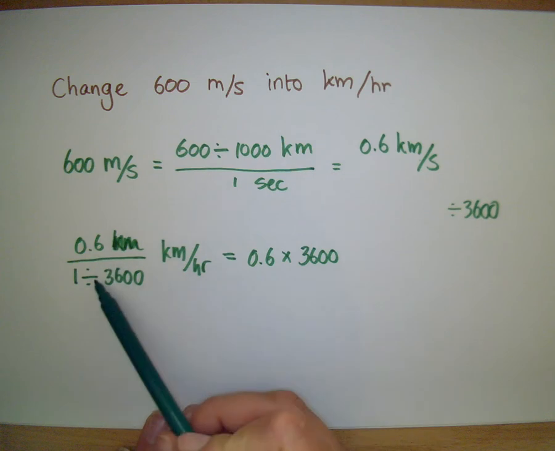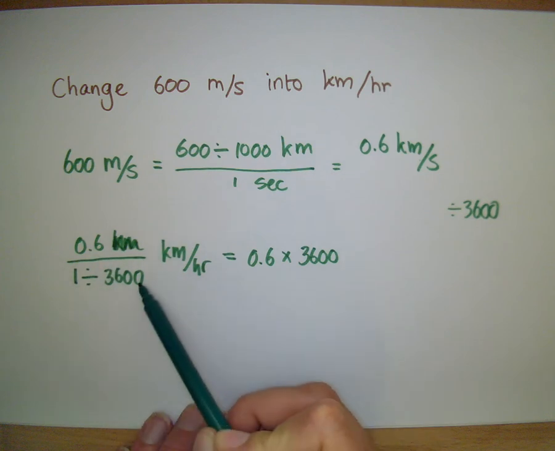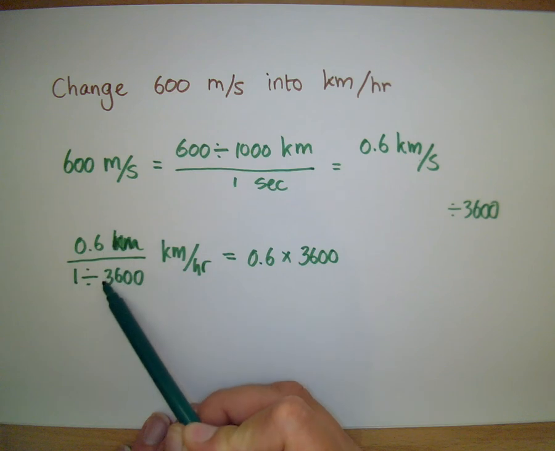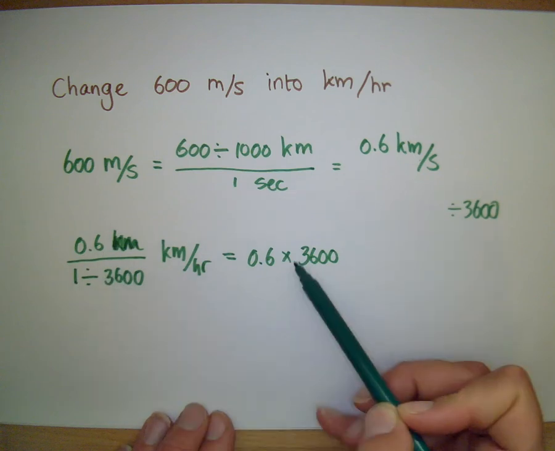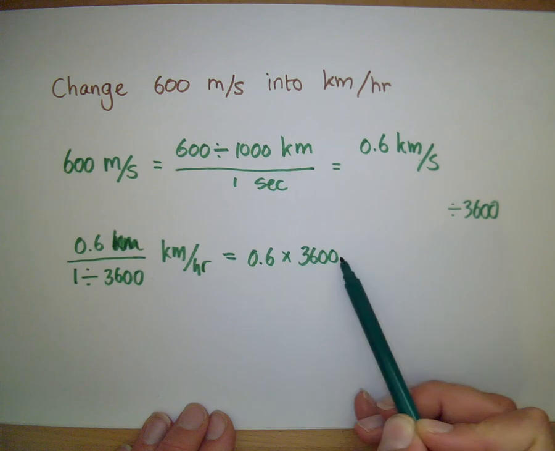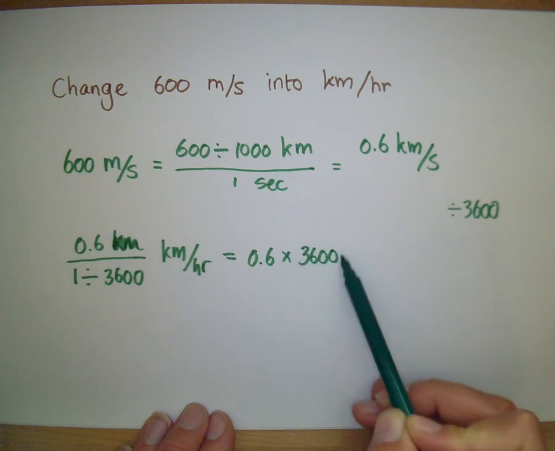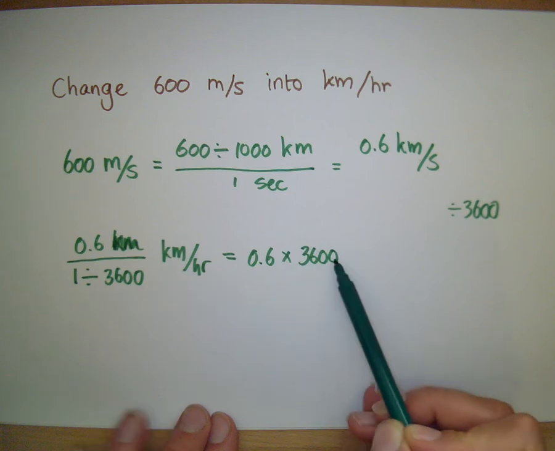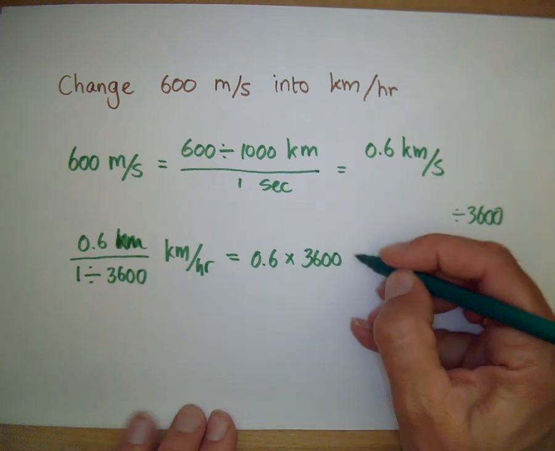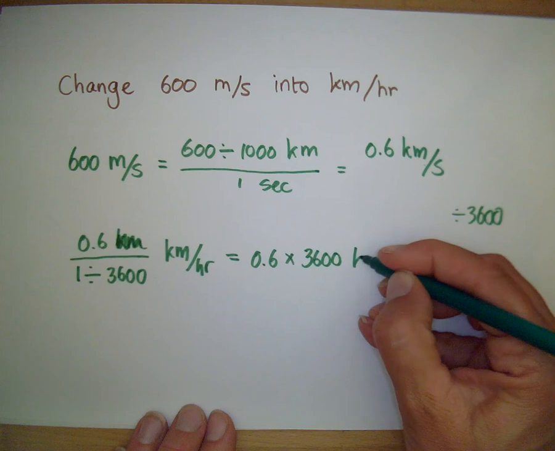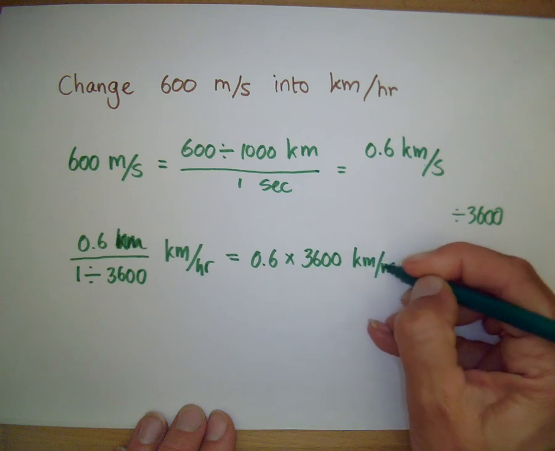Let me say that again. We're dividing by 1 over 3,600, so we're dividing by a fraction. That is the same as multiplying by the inverse of 1 over 3,600, and this is the inverse. All right, and that will give us kilometers per hour.